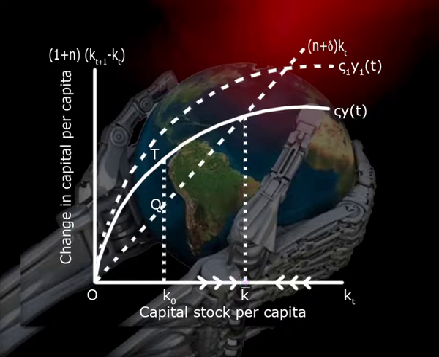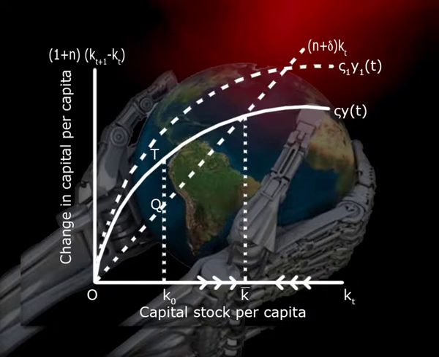This declines till K bar. This movement is shown by the leftward arrows. Thus, K bar represents the steady state of growth where K_{t+1} is equal to K_t.